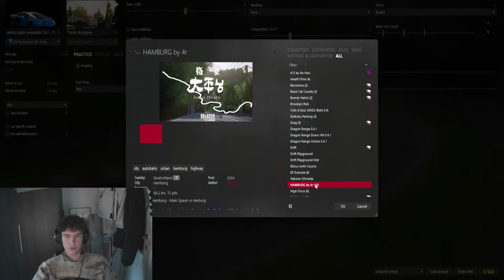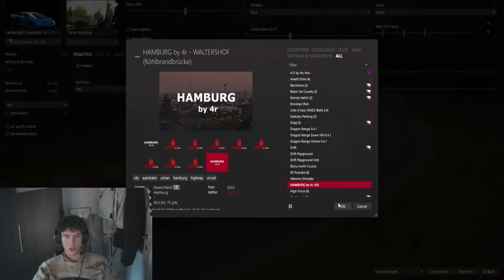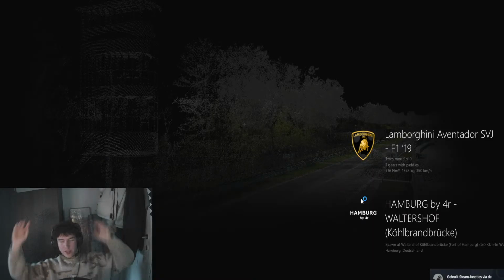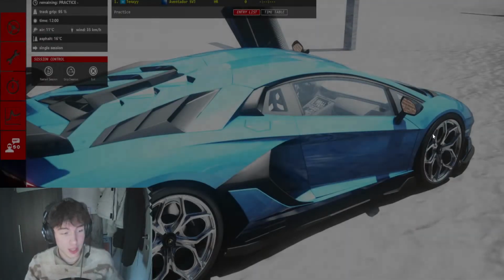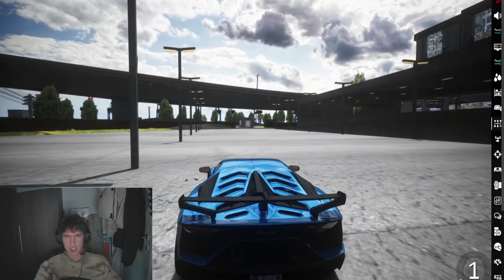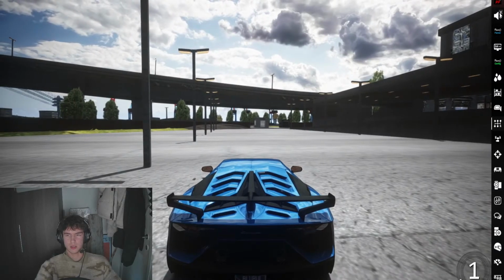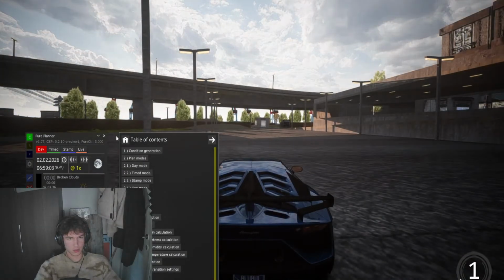It looks so... The SVJ looks so aggressive against the Revuelto. Like, performance-wise, it's a fucking good car. Like, the hybrid with the... I think that's a V12. Actually is... fucking crazy. Like, it pulls way faster than just a normal injection engine.